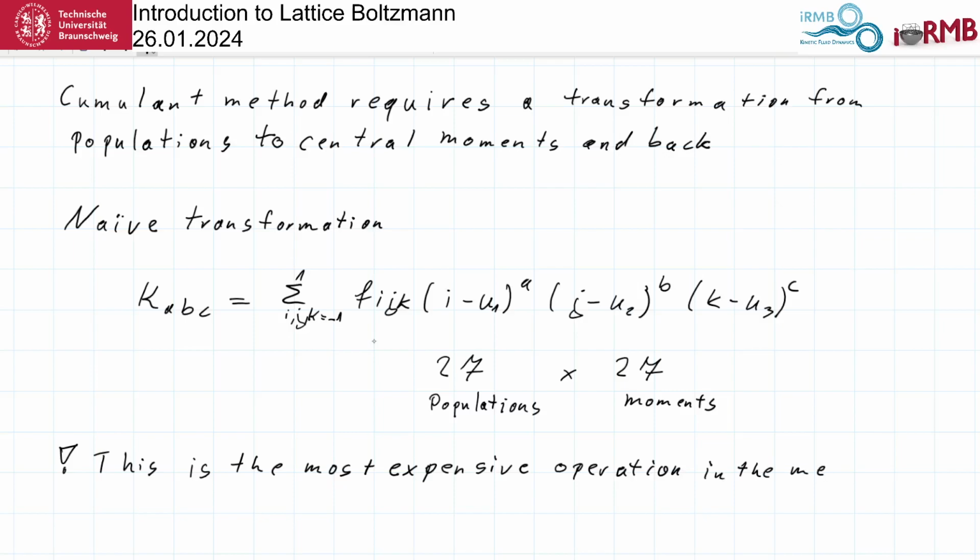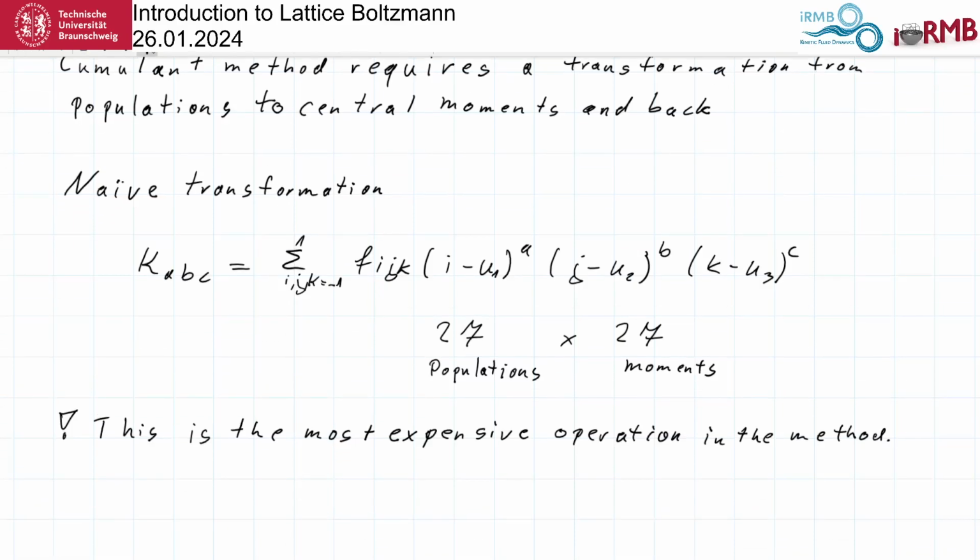So if you do it once, it wouldn't be that expensive, but it has to be done so often. This is the thing. Okay, now the question is how to accelerate it. How to accelerate this guy.